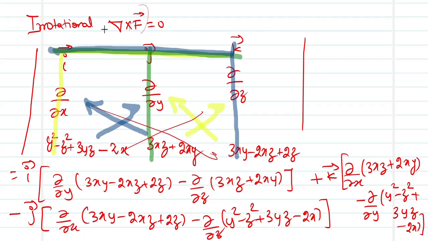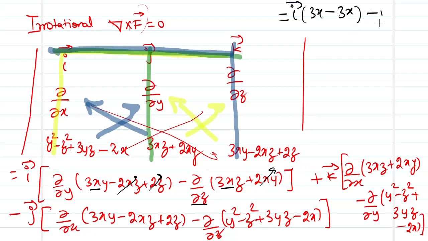I will do the partial derivatives over here so that we can easily estimate them without turning back to the pages. With respect to y, we have 3x, there is no y in this term, minus, with respect to z, I have 3x, this doesn't have a y so it vanishes.